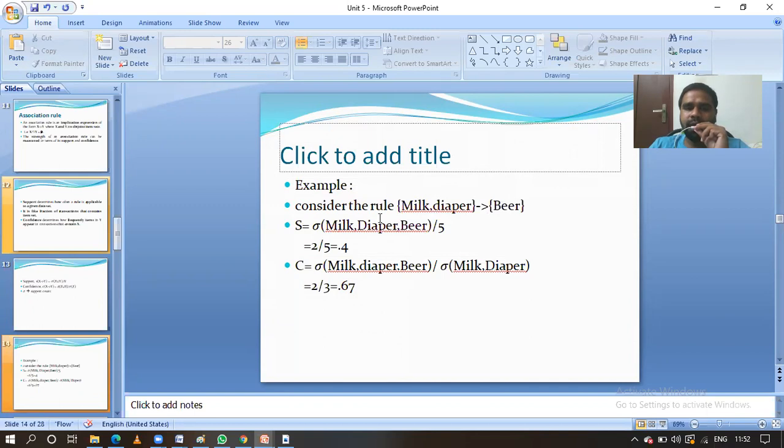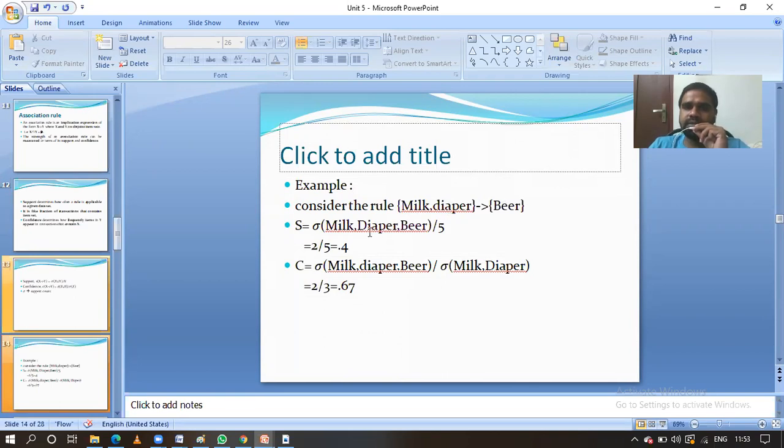For that, I am going to calculate the support as well as the confidence. For calculating the support, we need the support count as well as the number of transactions. In the given market basket data, there are 5 transactions. That is why the denominator is 5. We have to calculate the support count of X union Y, that is milk, diaper, and beer.